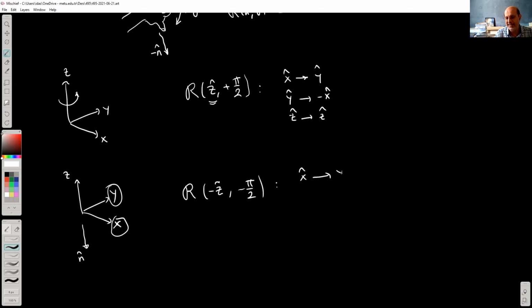So that carries x into y into minus x, and z into z again. So as a result, these are the same two rotations. Okay. So a positive 90-degree rotation around z-axis is the same thing as a minus 90 rotation around minus z-axis. Okay.